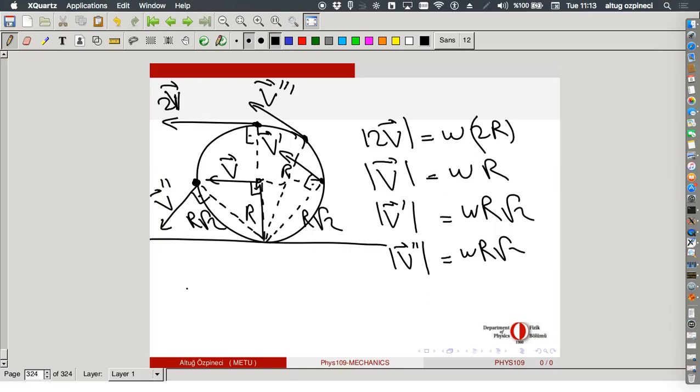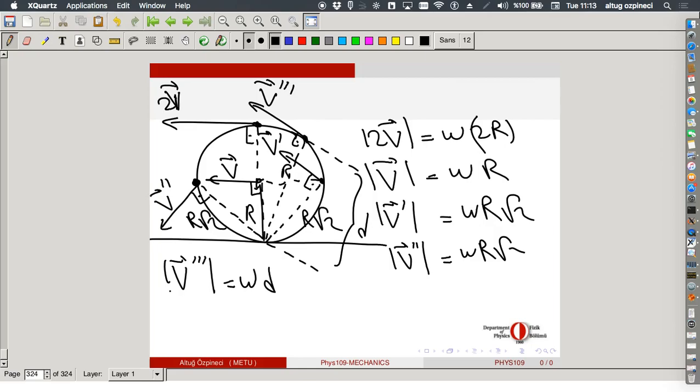Let's say it's v triple prime, and the magnitude of v triple prime is omega times, let's just call that distance d, omega times d. Whichever point you take, the velocity of that point is always perpendicular to this line. Furthermore, its speed is the angular velocity multiplied by the distance from this line.